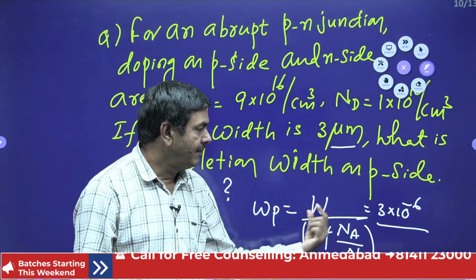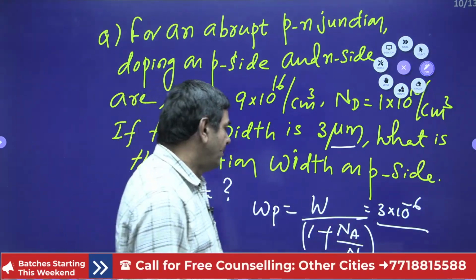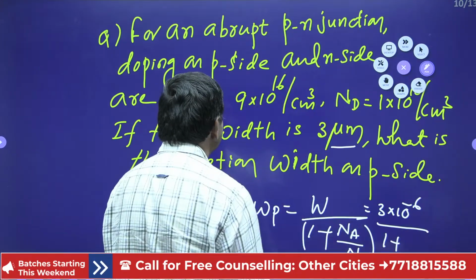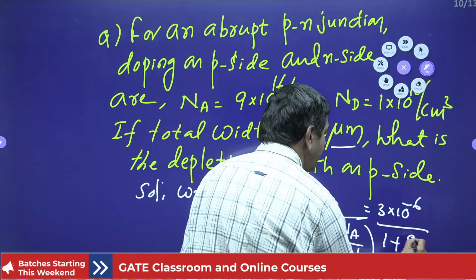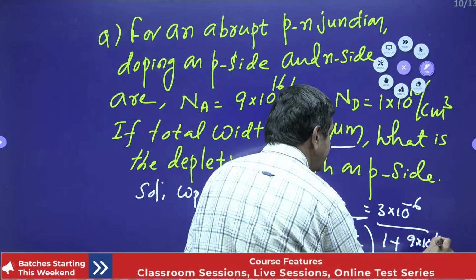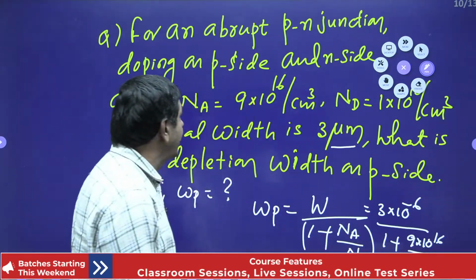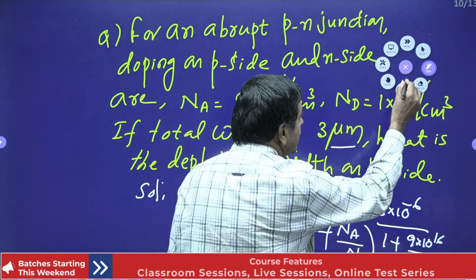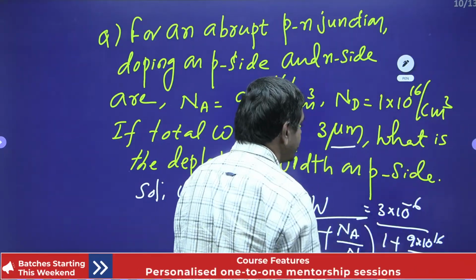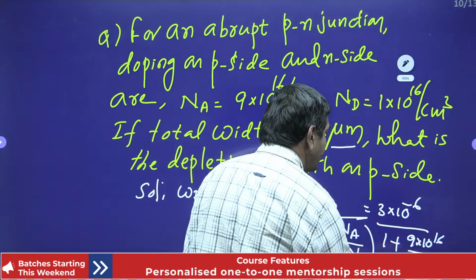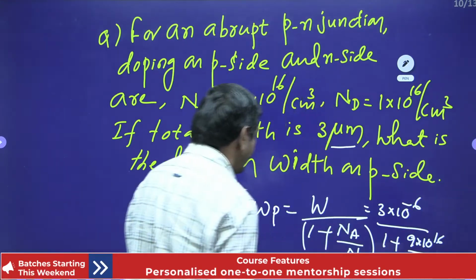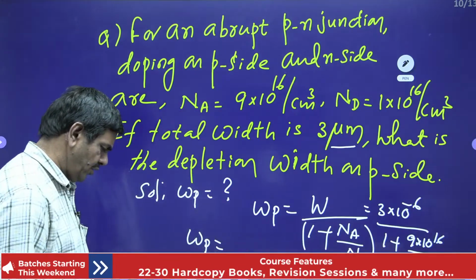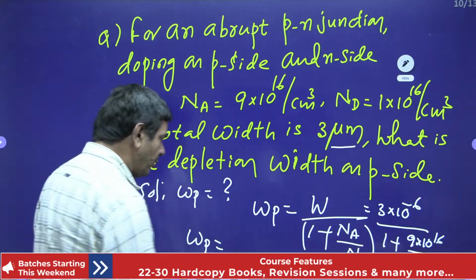Finally, in micrometers you will get the answer. 1 plus NA by ND, where NA is 9 into 10 power 16 and ND is 1 into 10 power 16. Finally, this WP you will get as 0.3 micrometers.